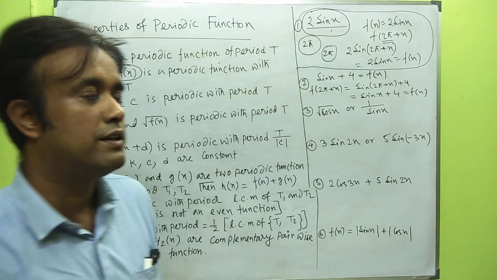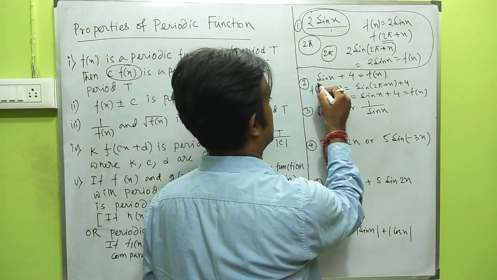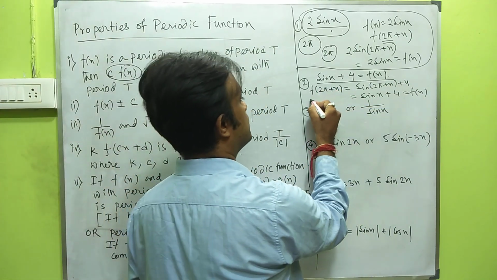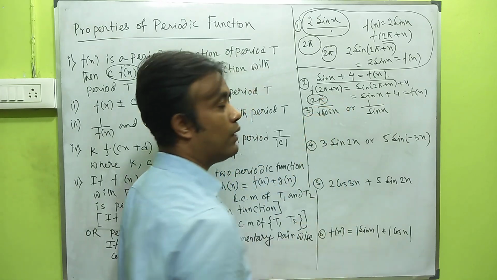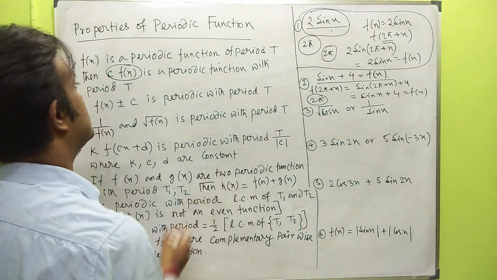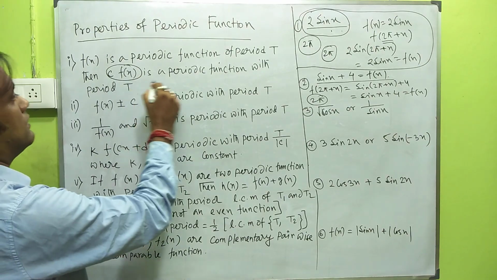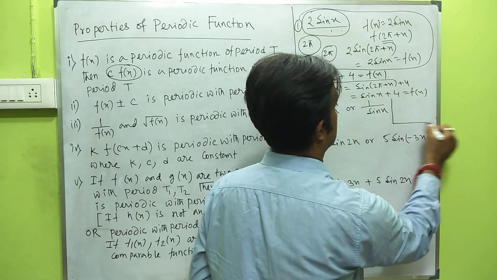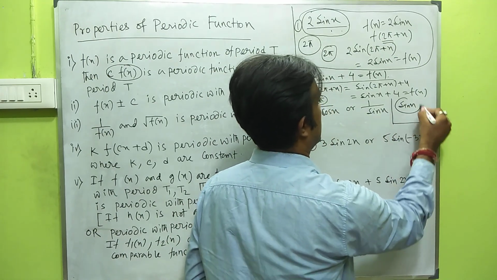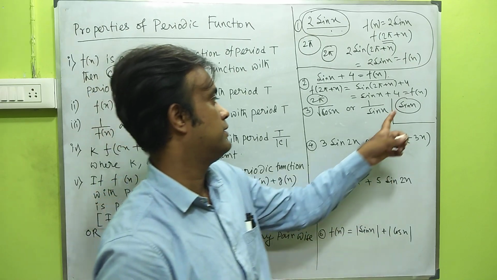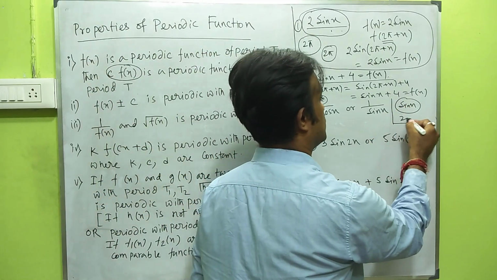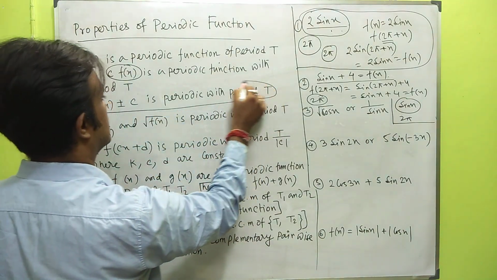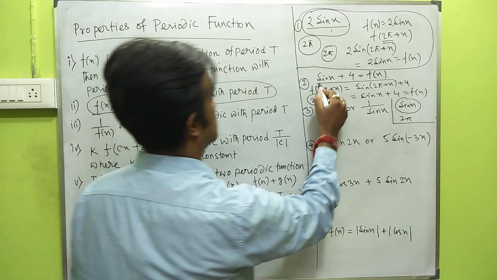So what will be the period of this function f(x)? The period will be 2 pi, which is equal to the period of the function sin x. As we know, the period of sin x is 2 pi. So compare this with sin of x plus 4.